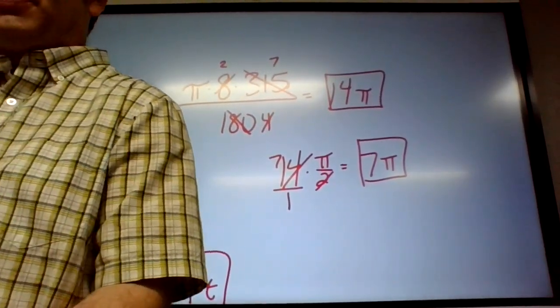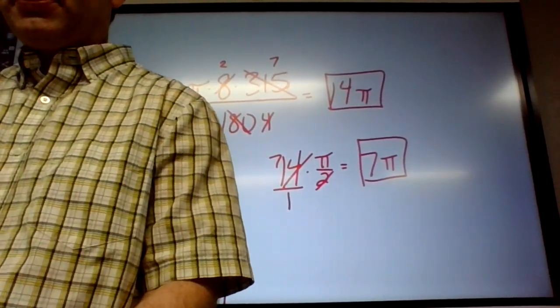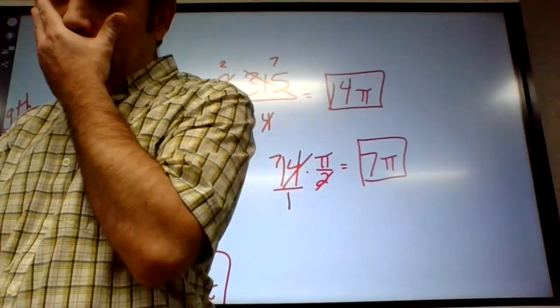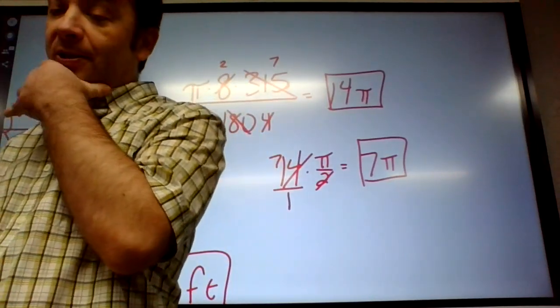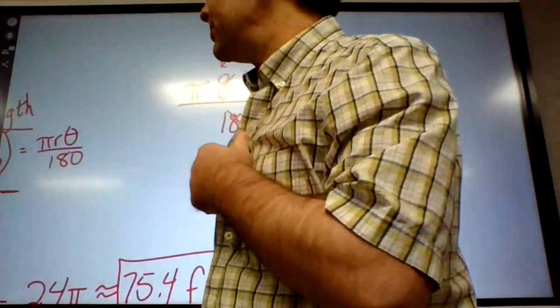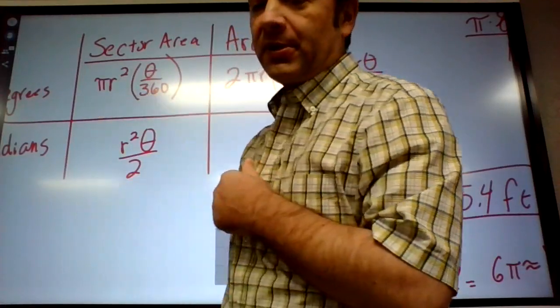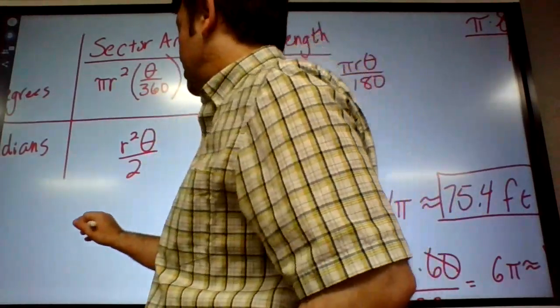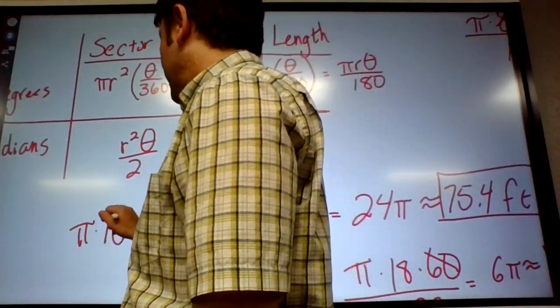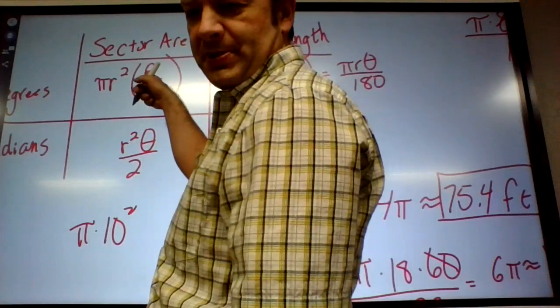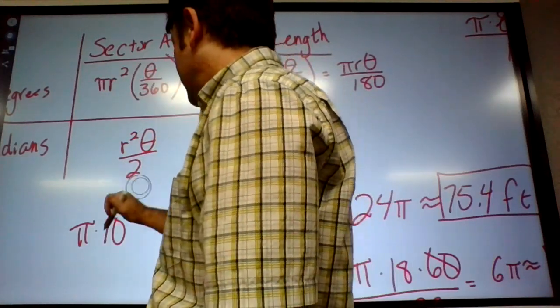Next. I think the back is pretty much the same thing, but with area, sector area. Okay, rounding to the tens place again. So, sector area formula, right there, with degrees. So we're going to go pi times 10 squared times 60 over 360.